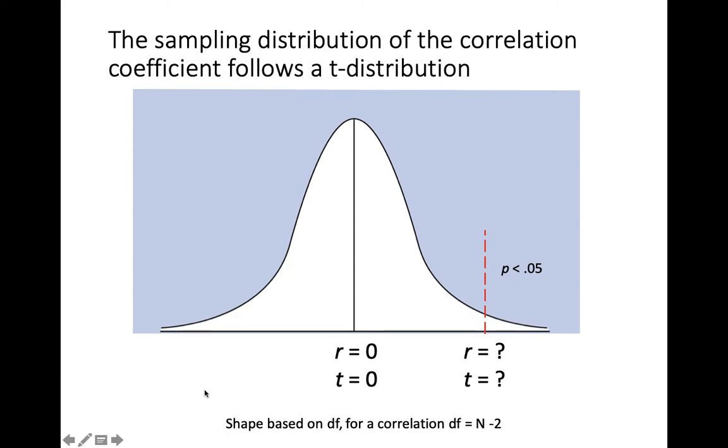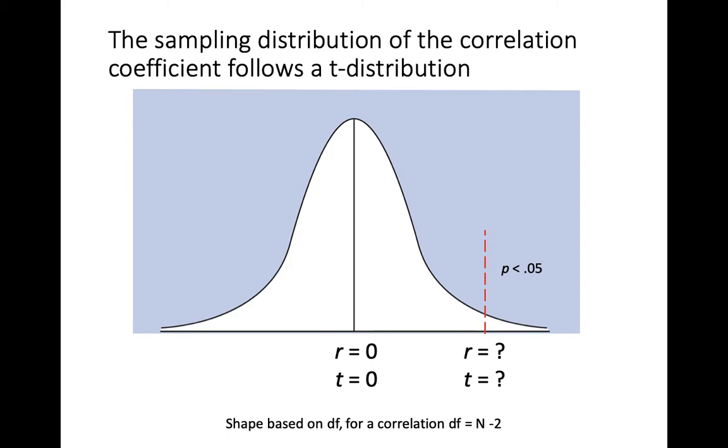Okay, so there's many different t-distributions, and there will be a unique t-distribution based on degrees of freedom. For a correlation, degrees of freedom is determined by taking your sample size minus 2. In this particular example, we had 6 participants. 6 minus 2 is 4. So our sampling distribution of our correlation coefficient is a t-distribution with 4 degrees of freedom.